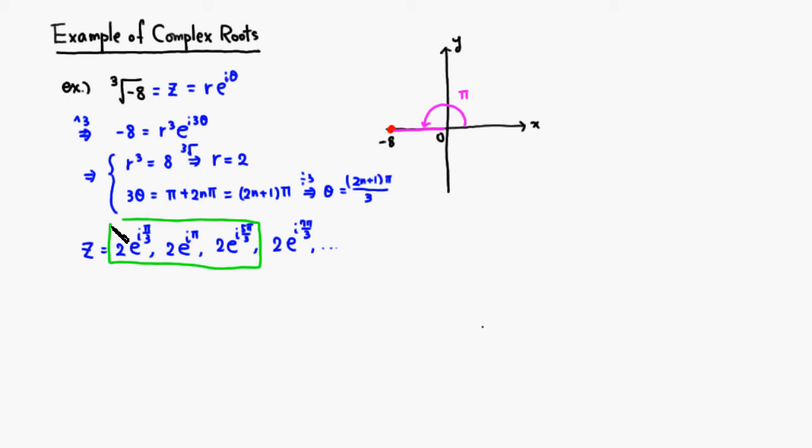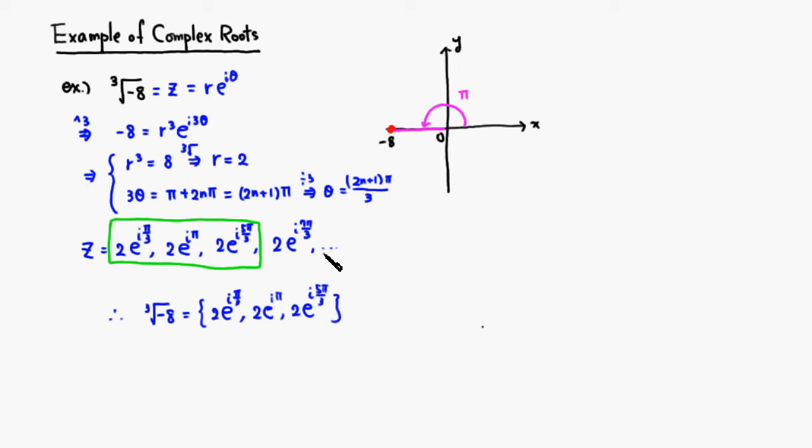So the values of the cube root of negative 8 are 2 e to the i pi over 3, 2 e to the i pi, and 2 e to the i 5 pi over 3.